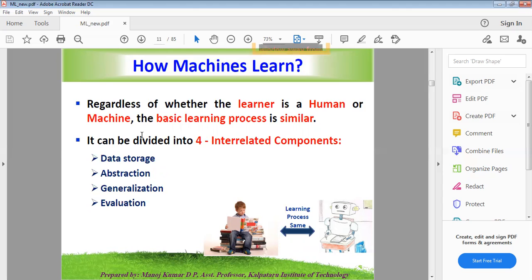So this is the concept. Whether the learner is a human or machine, the basic learning process is similar. So what are the steps? Store, abstract, generalize, and evaluate.